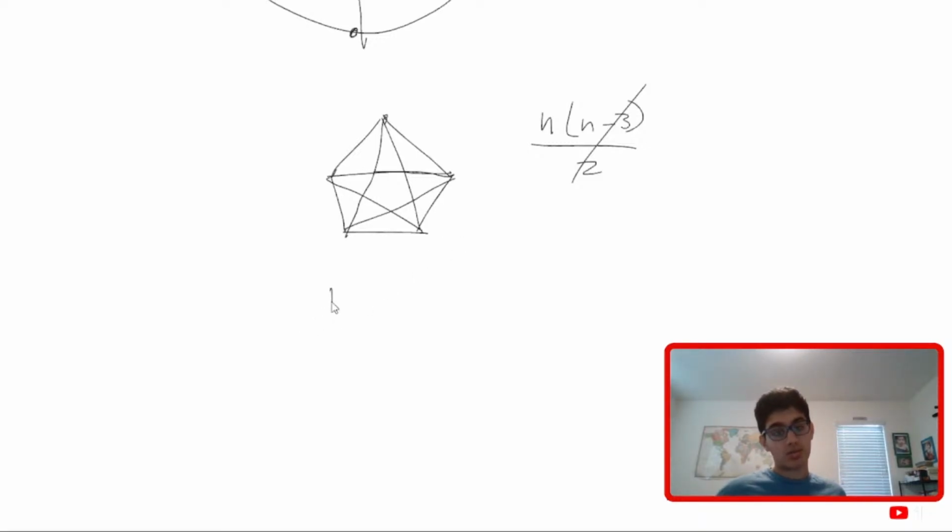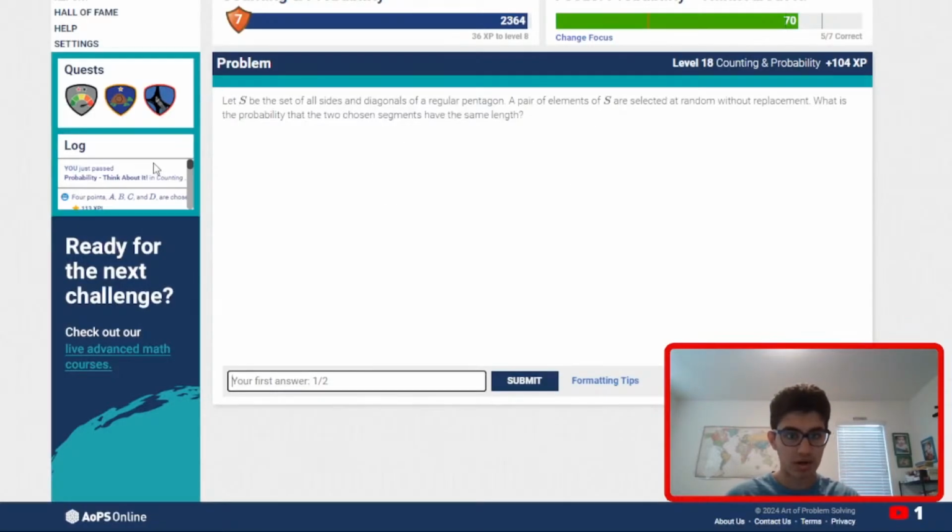So there's a one half chance that you choose whichever thing you choose, either a side or a diagonal. There's a one half chance that you choose the other thing, right? Then they won't be equal. But anything else, they will be equal. So it should just be one half. Whether you get a diagonal and a diagonal, those are all the same.